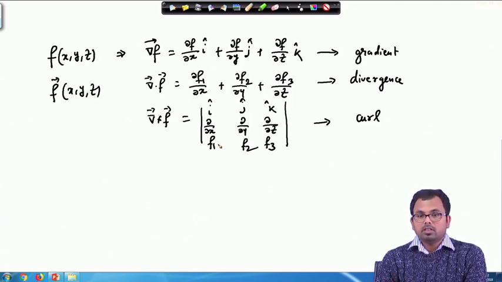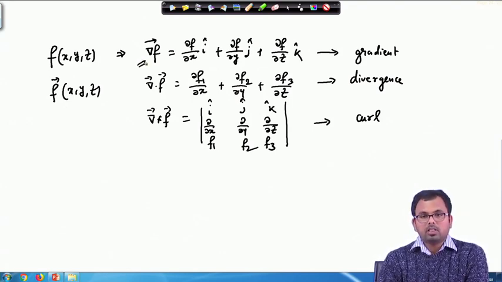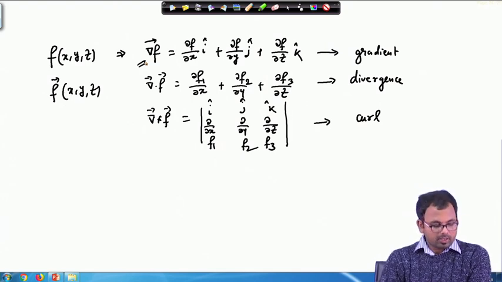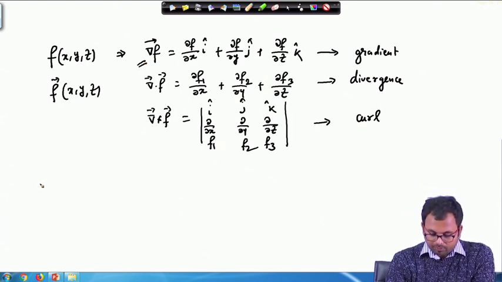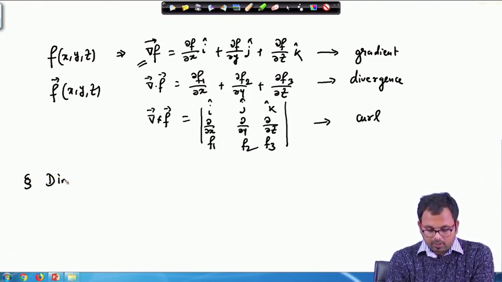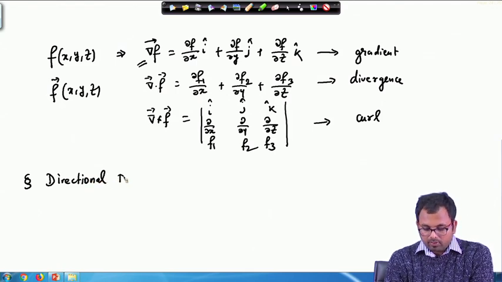Now using this gradient of a scalar function, there are two new topics that we are going to introduce. The first one is called directional derivative, so we will start with directional derivative today.